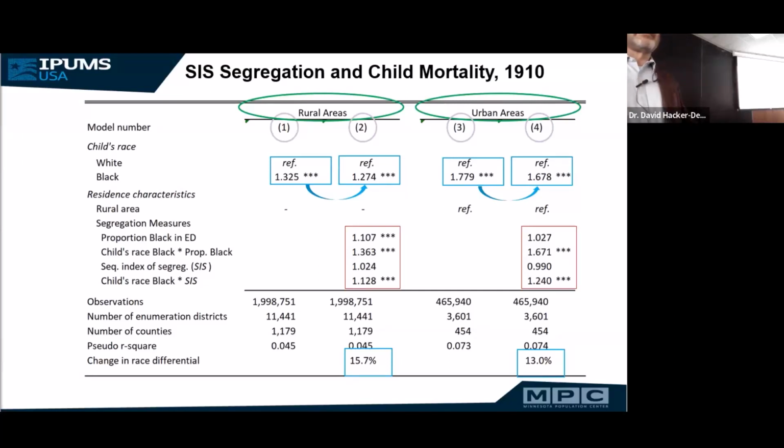So, saying that there's a mortality penalty for Black children, yes, I think you're getting there. No, they're highly isolated, and it's a high sequence index of segregation.